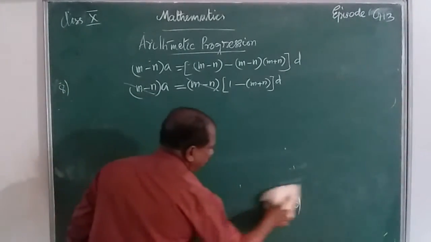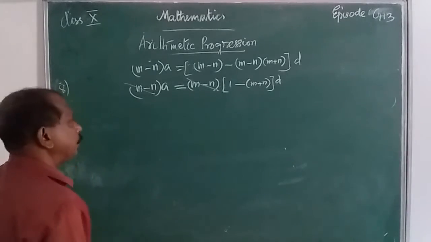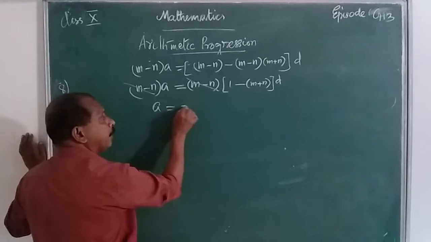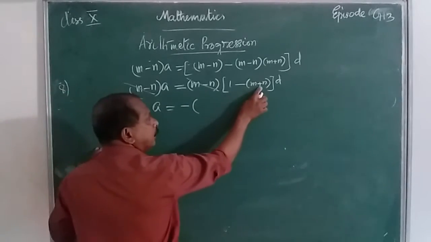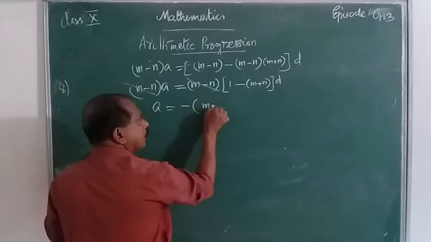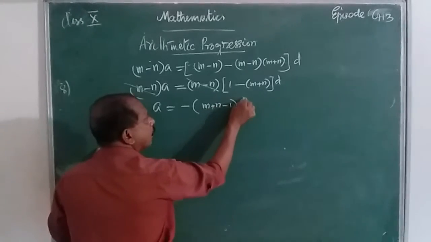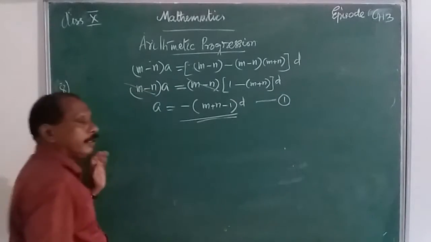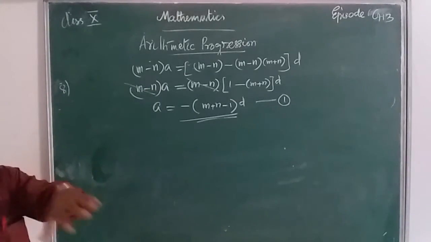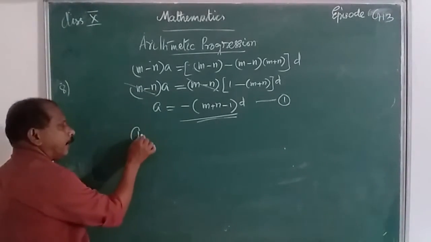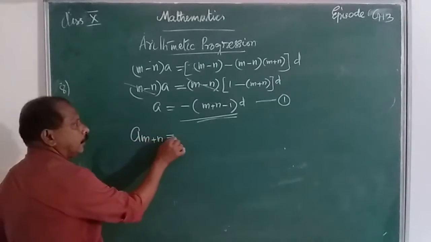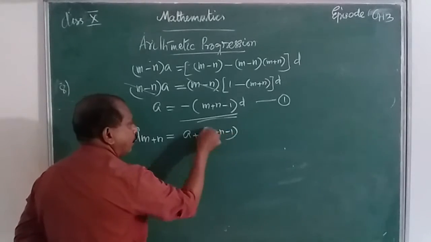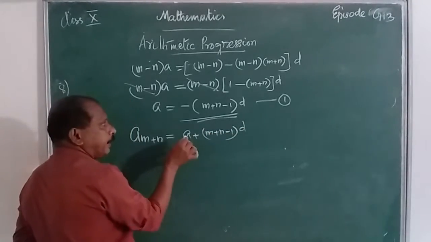This is the general problem and also general equation. A is equal to, take the minus 1 as common, that is minus 1. Therefore this is positive, this is negative. That is an equation. Then we can find out the m plus n th term. That is a m plus n is equal to a plus m plus n minus 1 into d, and what is a?